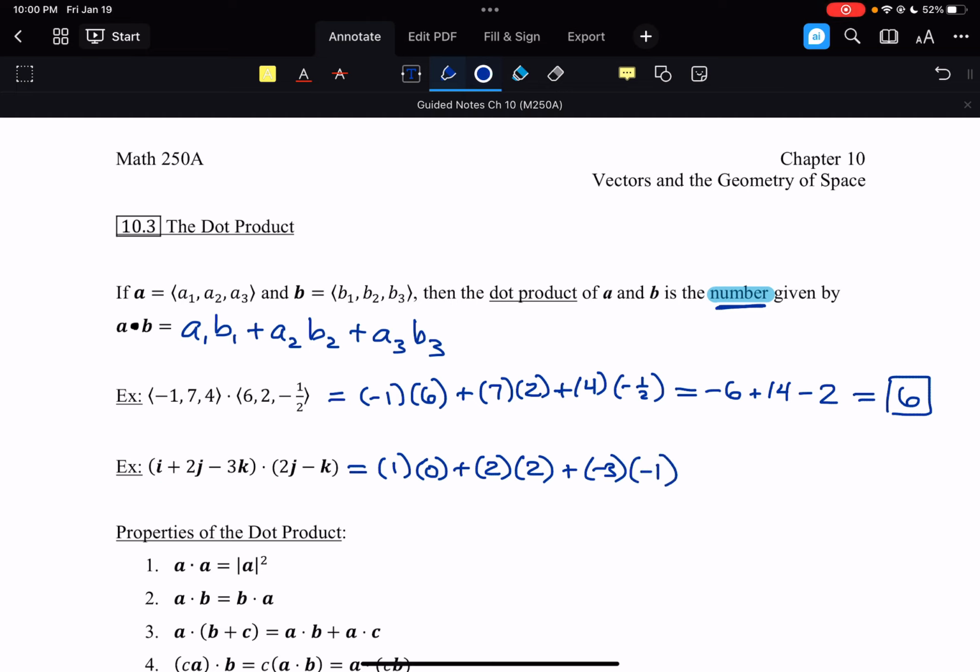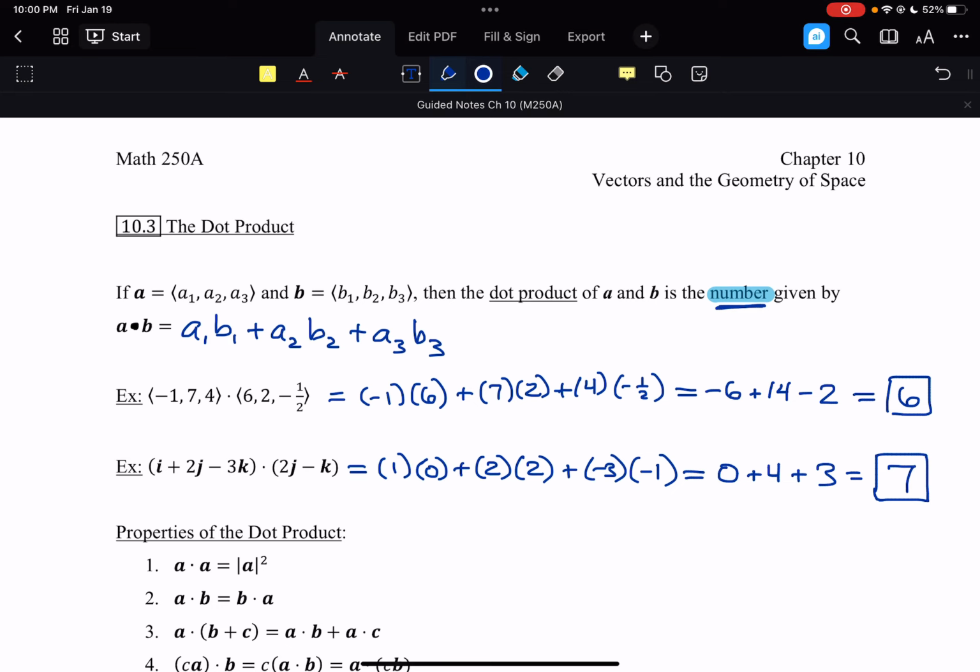Notice the i, j, and k are not here anymore, because it's no longer a vector. Once you take the dot product, you are working with a scalar. This is all numbers only from here on out, and that is 0 plus 4 plus 3, so that's 7. So the dot product of these two vectors would be 7.